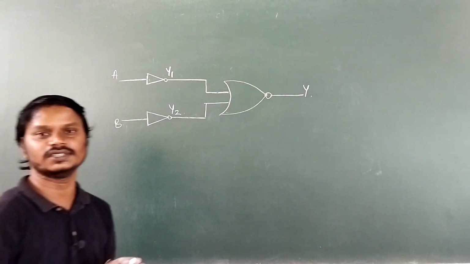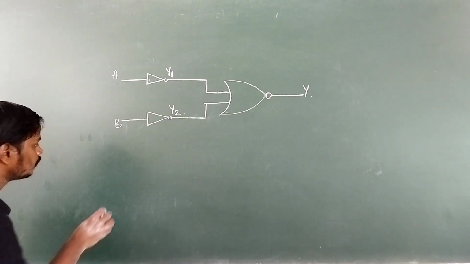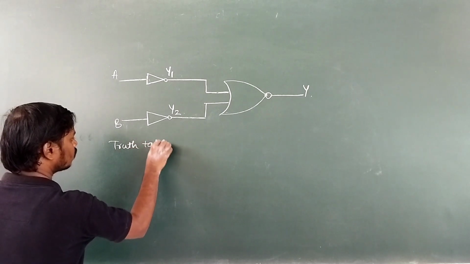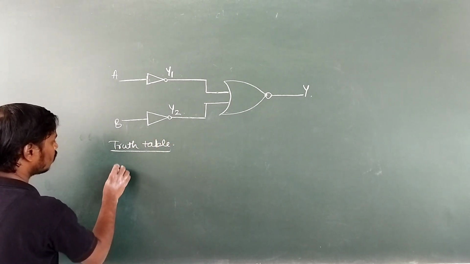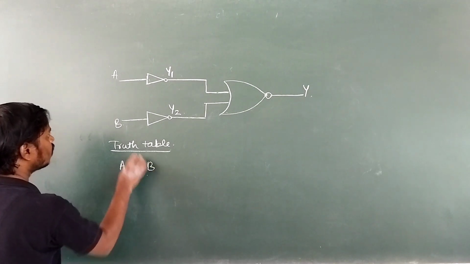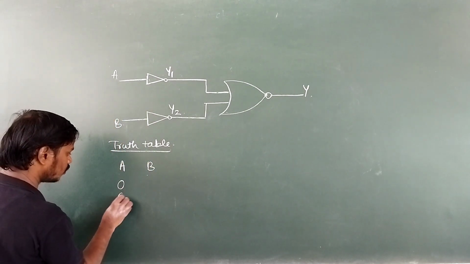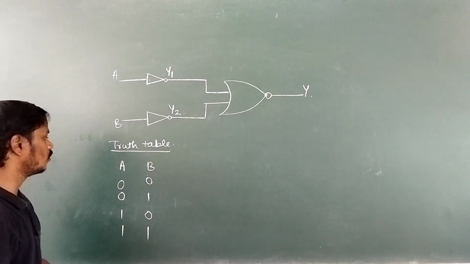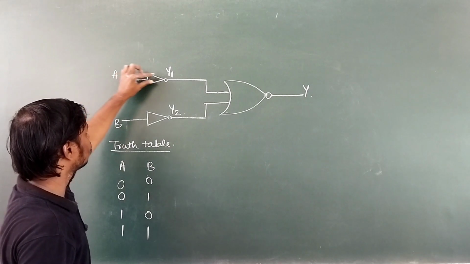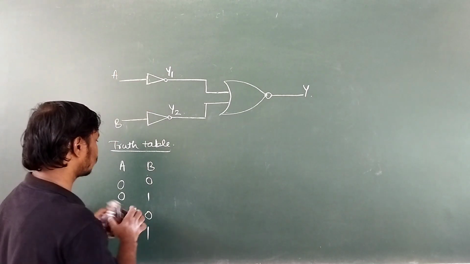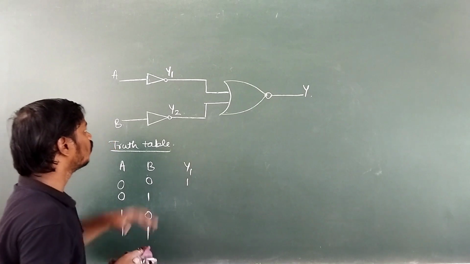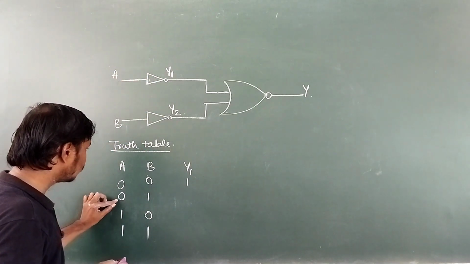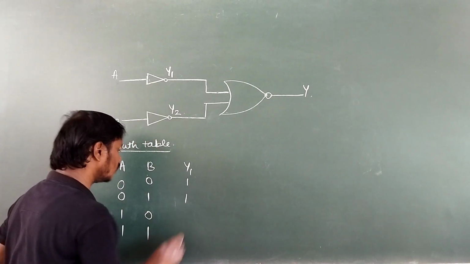Let us write the truth table. A and B are the two inputs, so the possibilities are 4: 0 0, 0 1, 1 0, 1 1. Now, if A is 0, then the output of the first NOT gate, Y1, is 1. Again, if A is 0, then Y1 is 1.